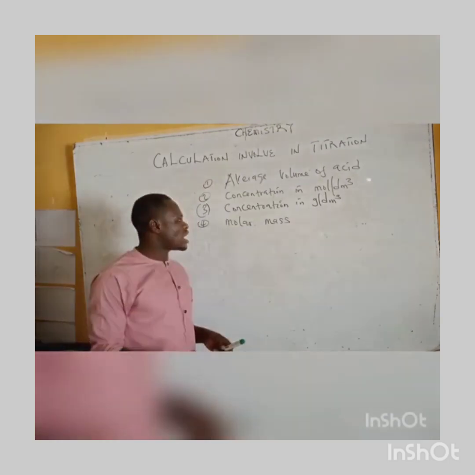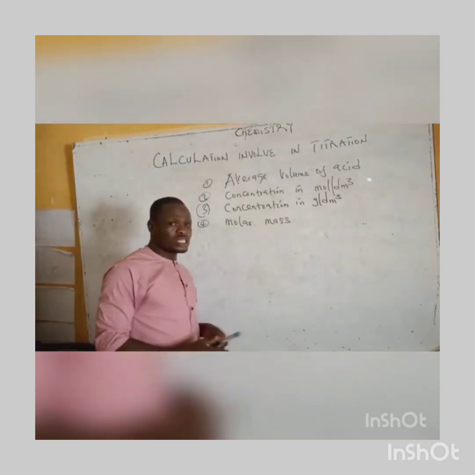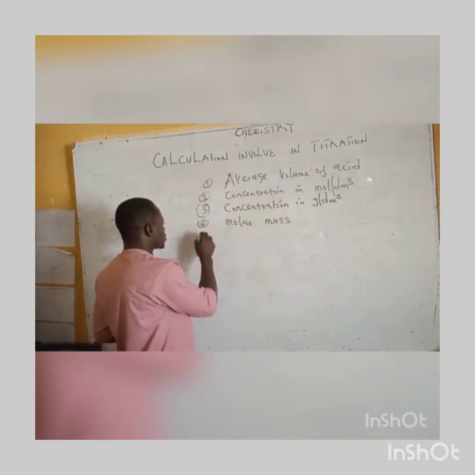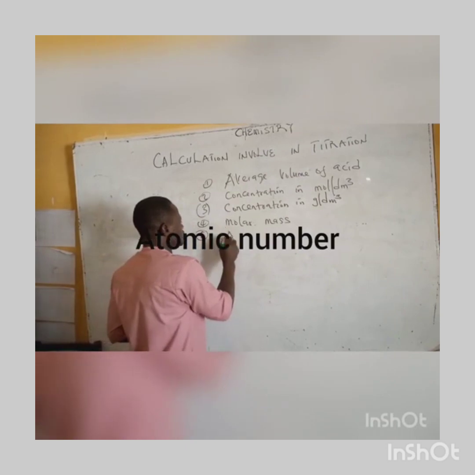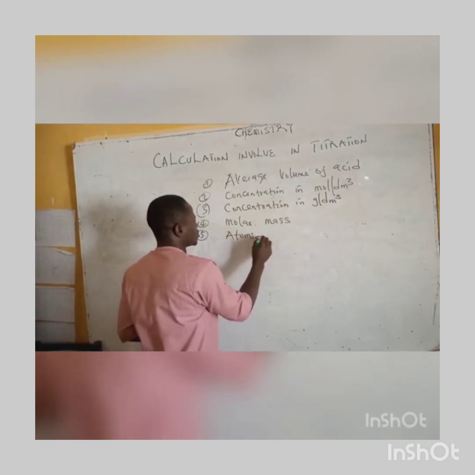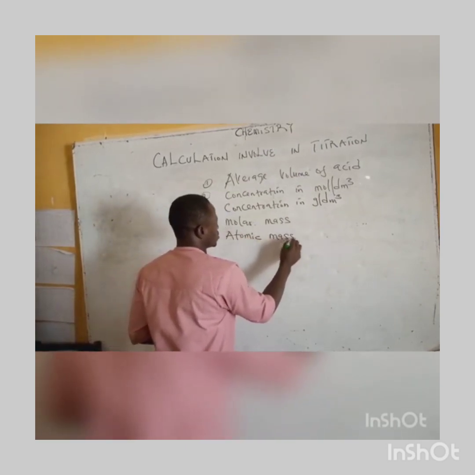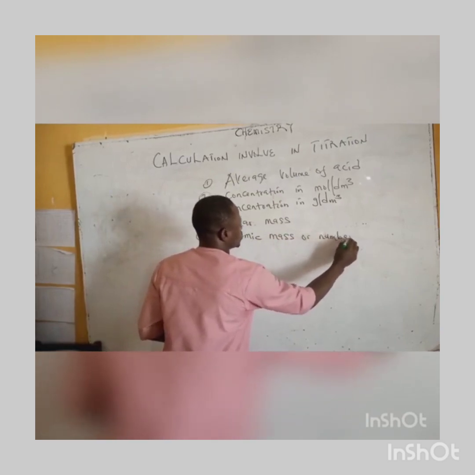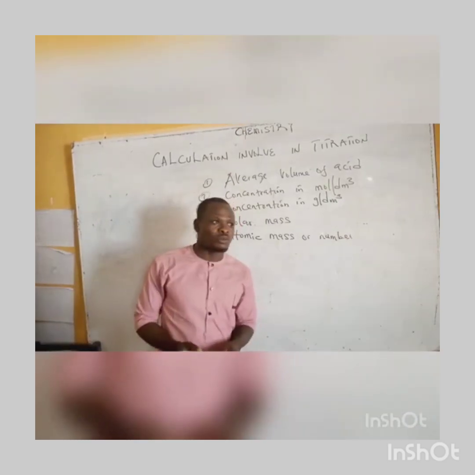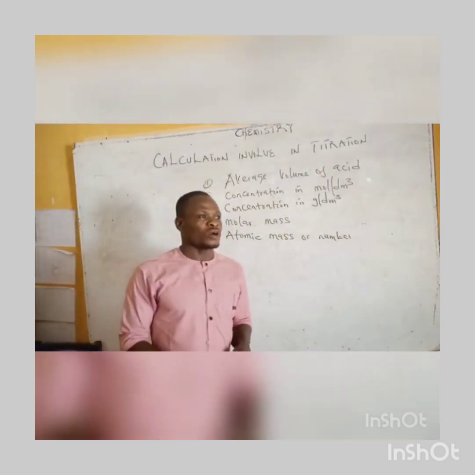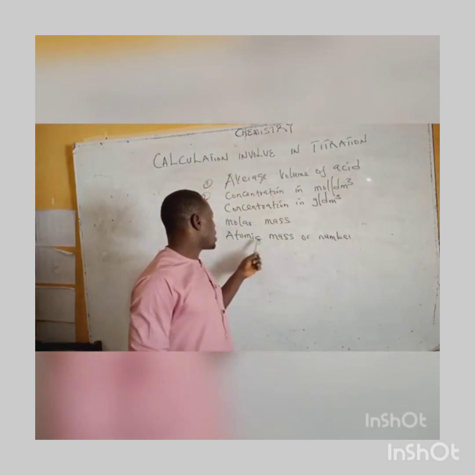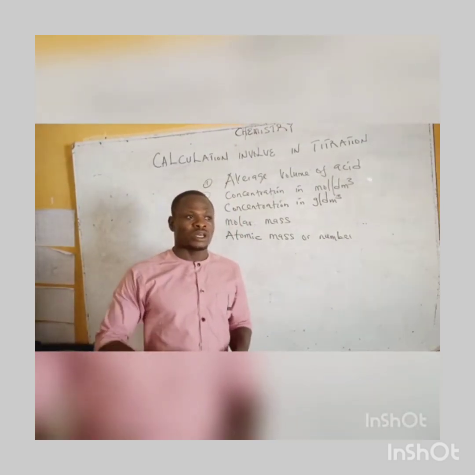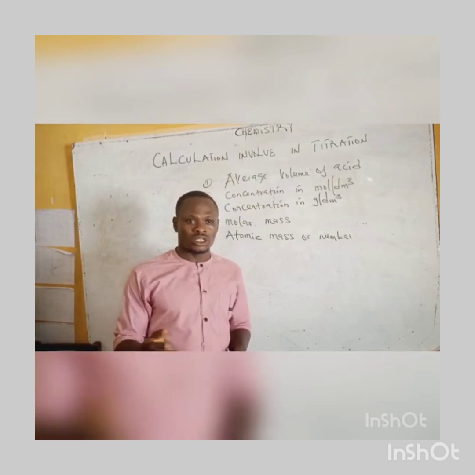Another thing that they will ask you to calculate is atomic mass. Remember, there is a difference between atomic mass and atomic number. When we talk about atomic mass, we are talking about the sum of proton and neutron in the nucleus of an atom.